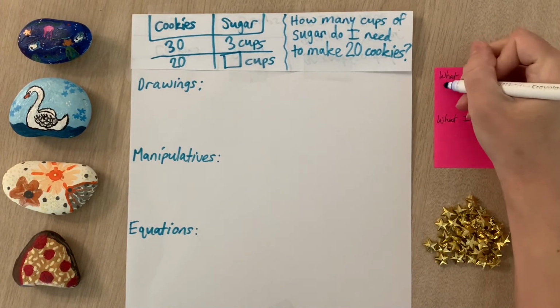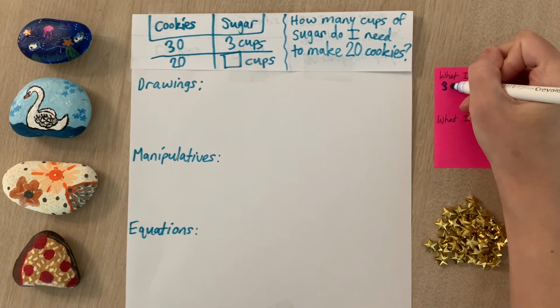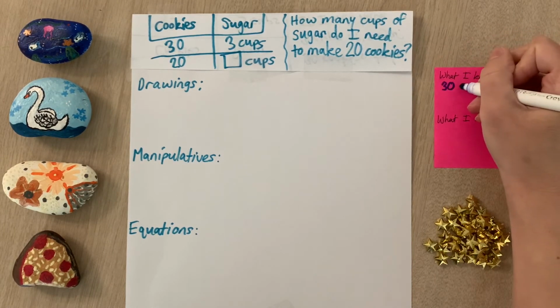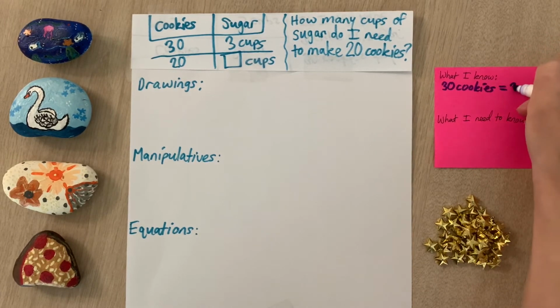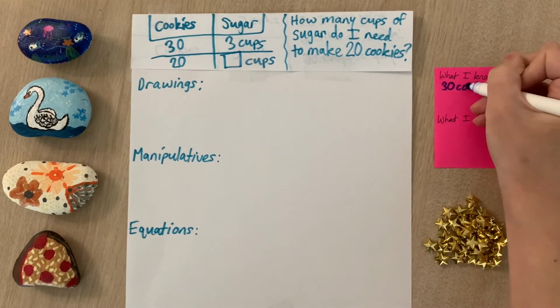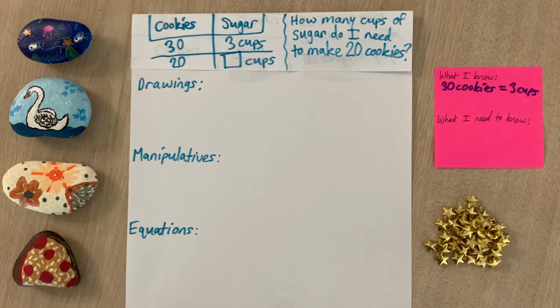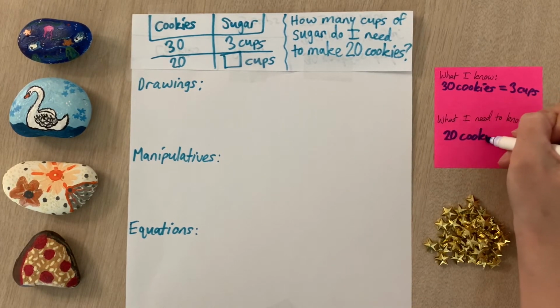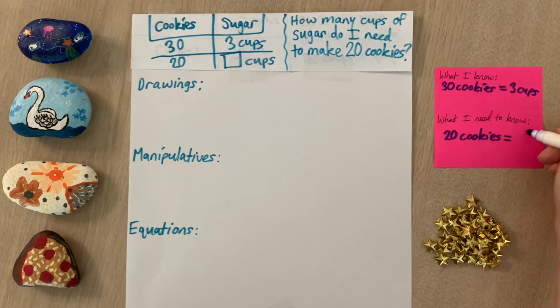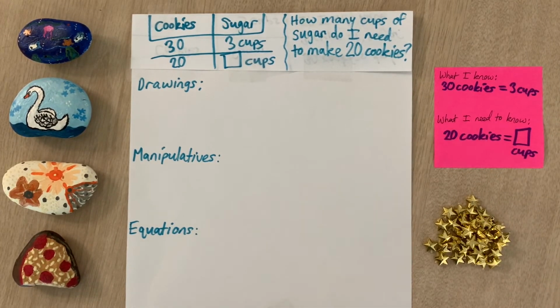So let's write 30 cookies equals 3 cups. And we'll just remember it's cups of sugar. So 30 cookies equals 3 cups. And then what we need to know is 20 cookies equals how many cups? We don't know how many cups of sugar, so that's what we're solving for.